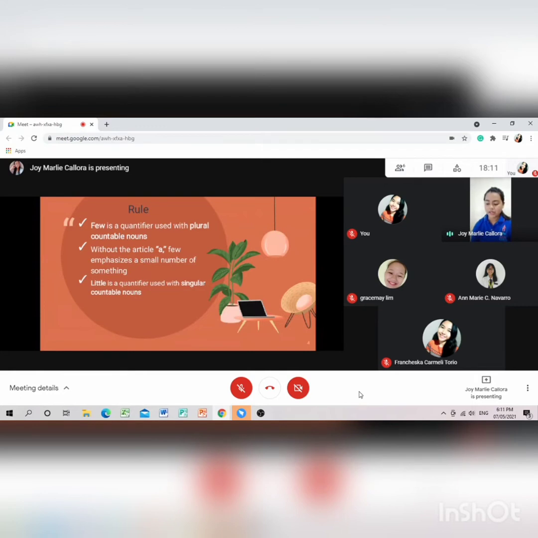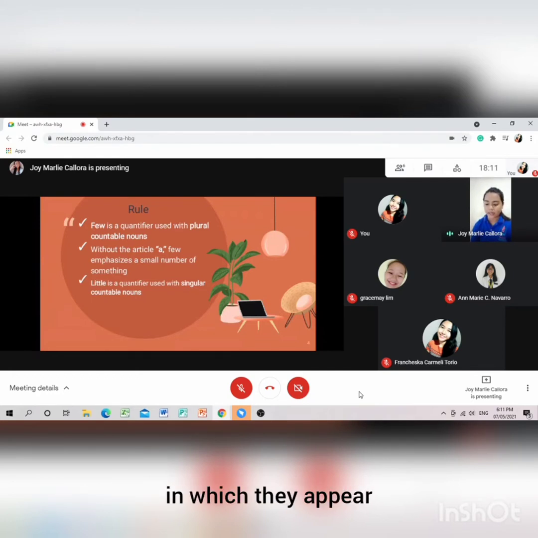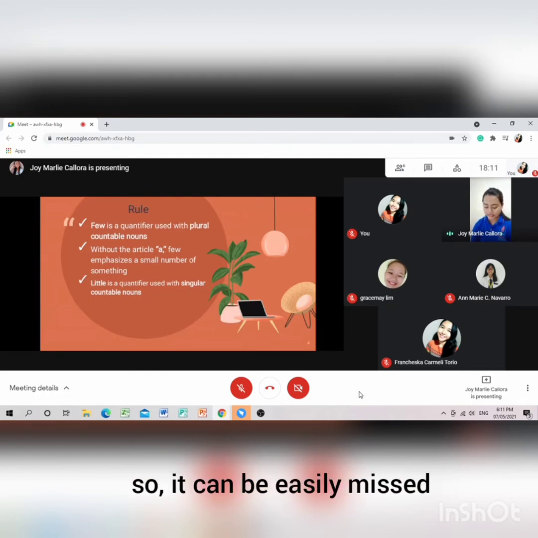So when it comes to few and little, adding an a can change the meaning of the sentences in which they appear. The change is subtle, however, so it can be easily missed.